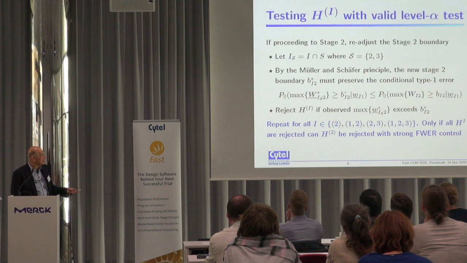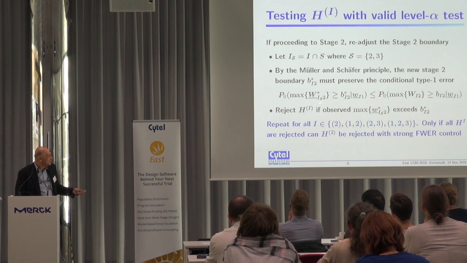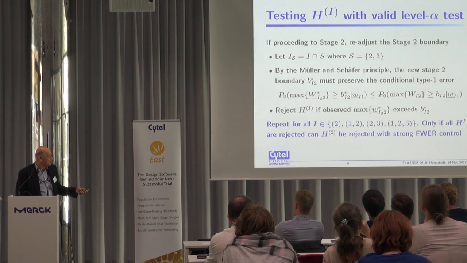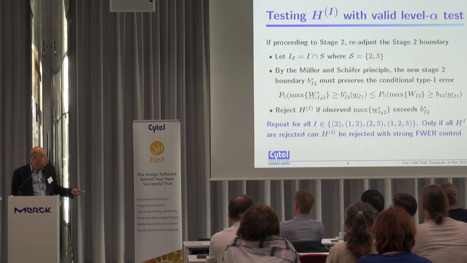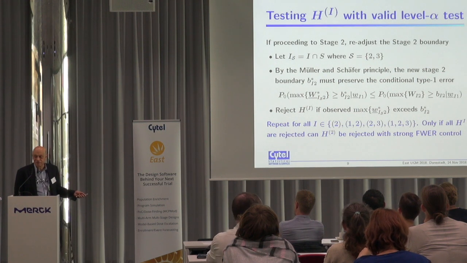And then the left-hand side is the probability if you made a selection. So if you drop doses, for instance, then the left-hand side is the conditional error after you made the adaptive change. Either you drop doses, or you increase sample size, or you did both. And the right-hand side is if you didn't make that adaptive change.